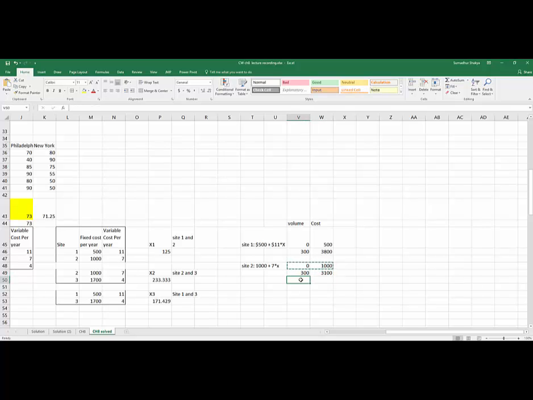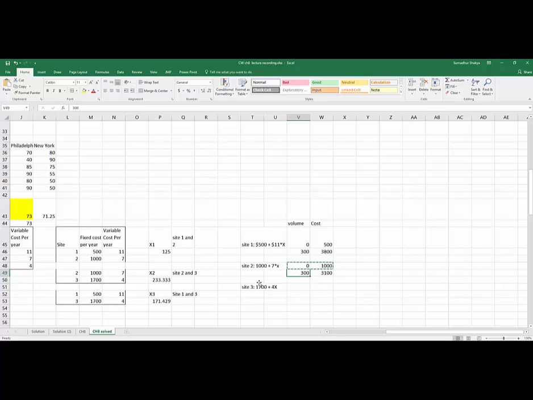Similarly for site 3, our equation would be $1,700 plus 4x.